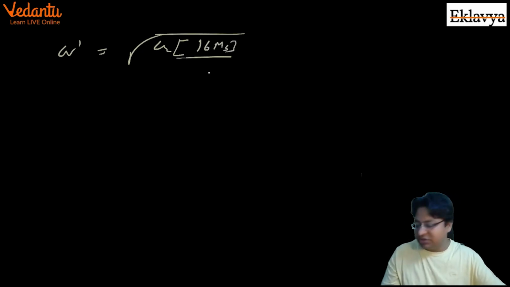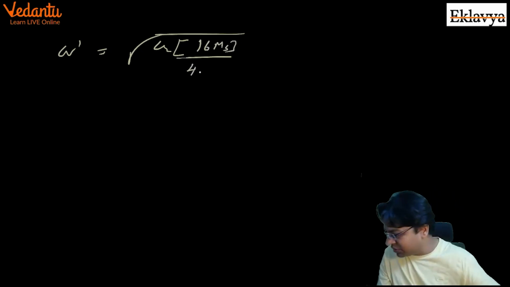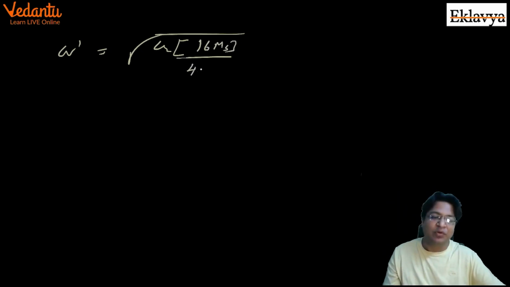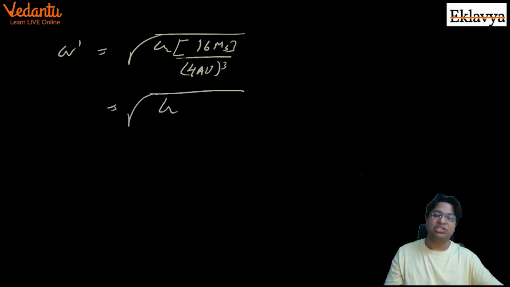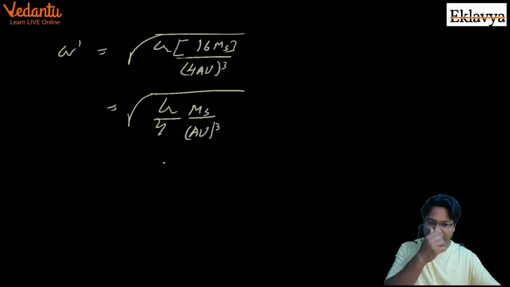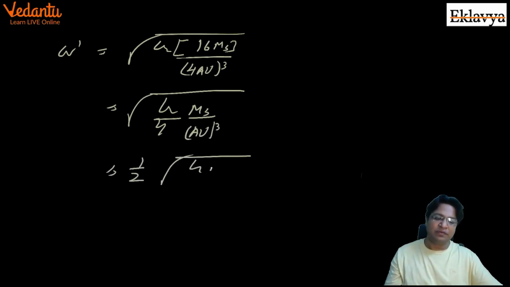And then the distance between them is 4 times the astronomical unit, so 4 AU cube. So this becomes root of G into 16 by 64, that is 1 by 4 times of Ms by AU cube. So this factor can be taken out of the root, giving root of G Ms by 1 AU cube.